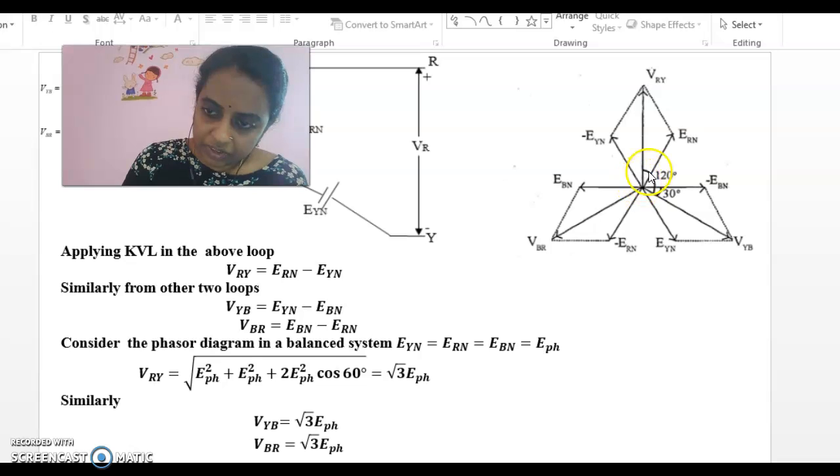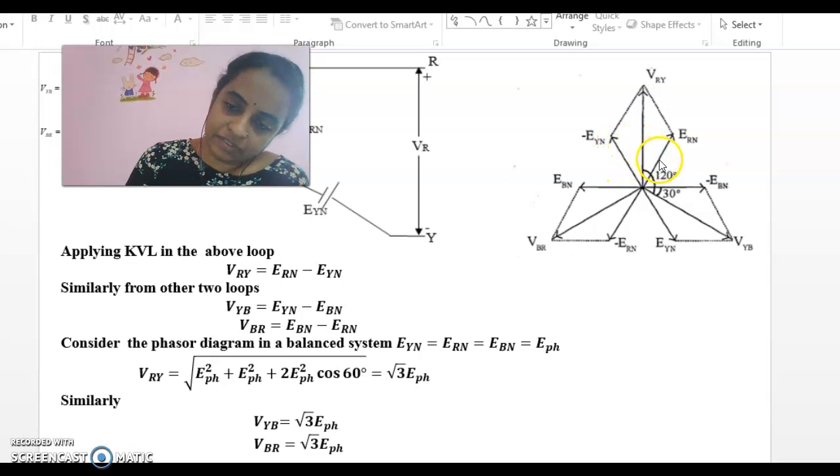So the phasor sum of ERN and minus EYN is the diagonal of this parallelogram. I can apply the parallelogram law here. VRY is equal to square root of ERN square plus EYN square plus 2 ERN into EYN into cosine of the angle between ERN and minus EYN.